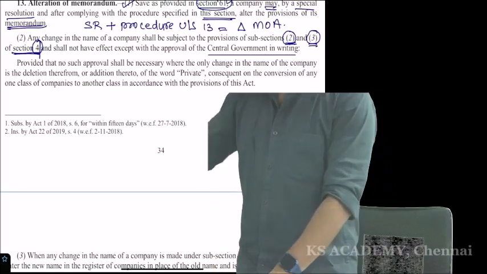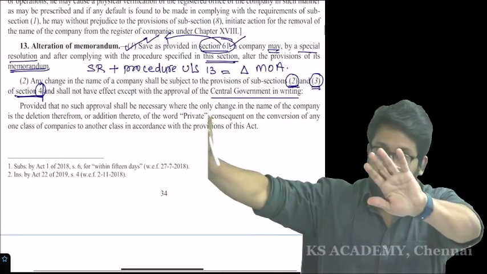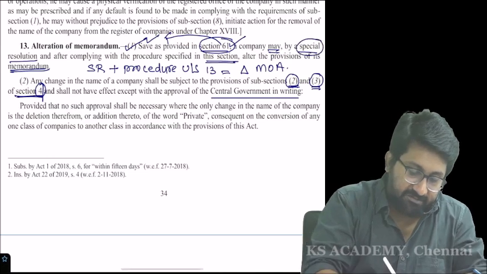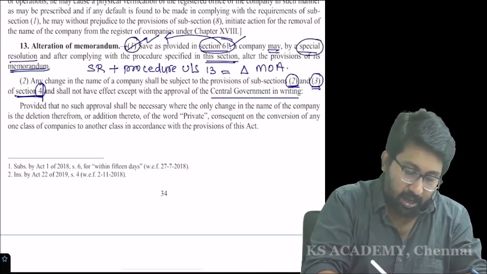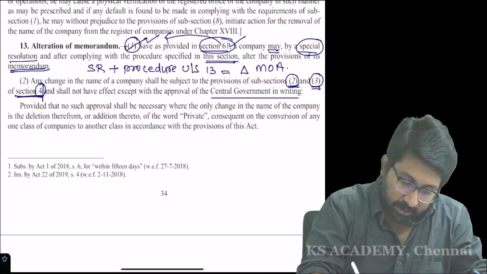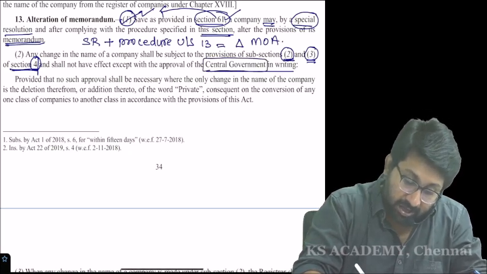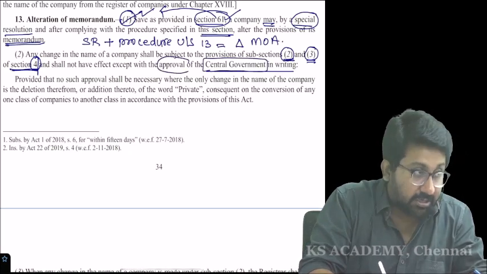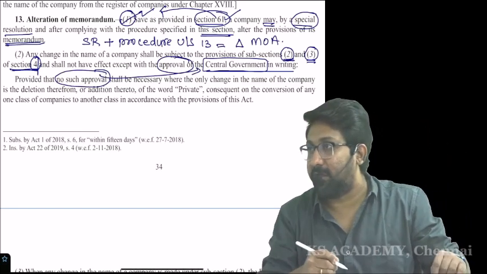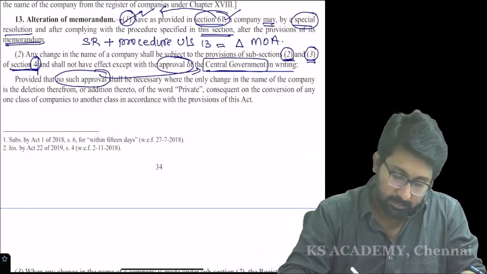Yes, read now. Listen, one second, hold. Tell me, special resolution is said in which subsection? Central government approval is said in which subsection? Here what is the word used? No such approval means CG approval he is talking about. Read.